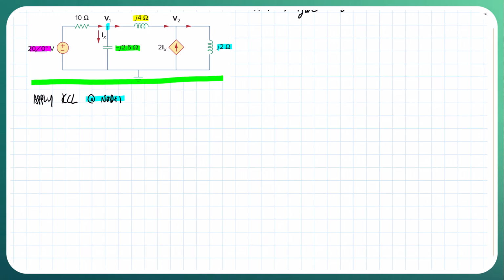And what we get is 20 minus V1 over 10 is equal to V1 over minus j2.5 plus V1 minus V2 over j4. So what goes in equals what comes out.